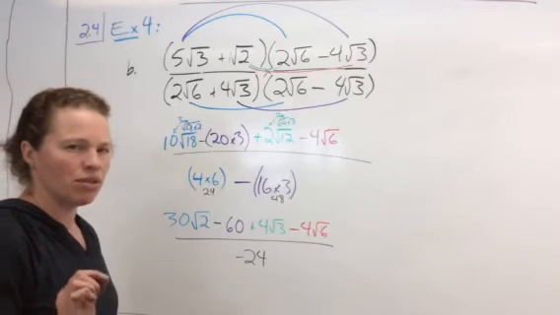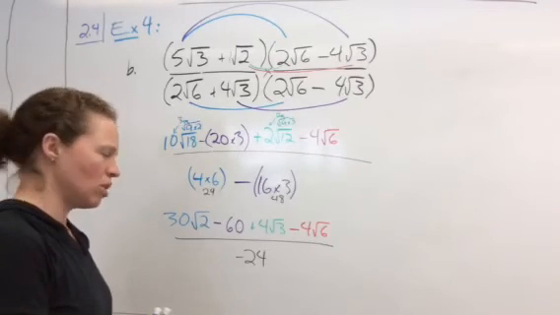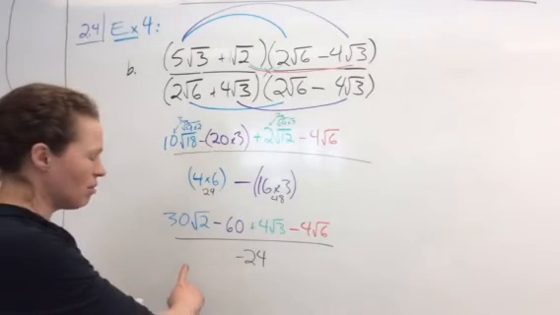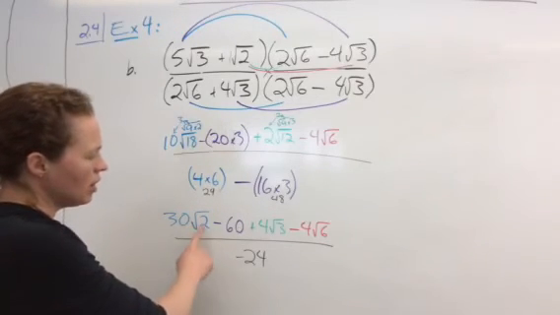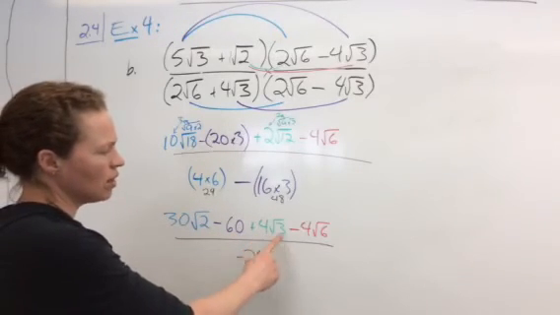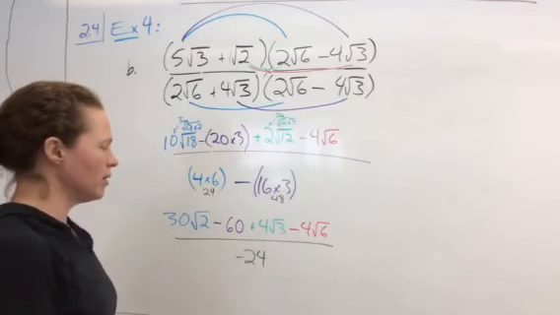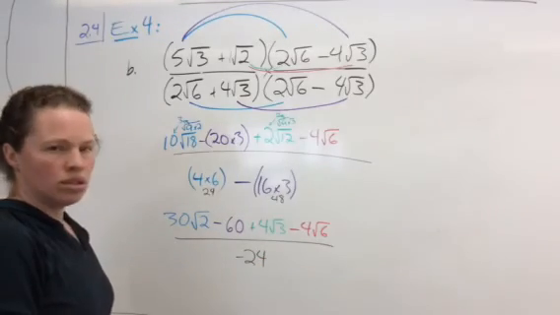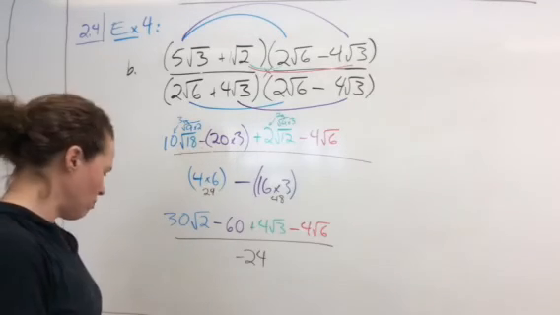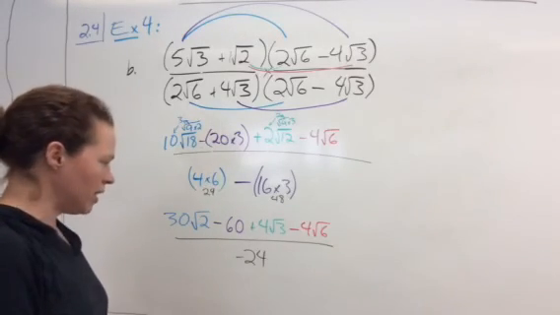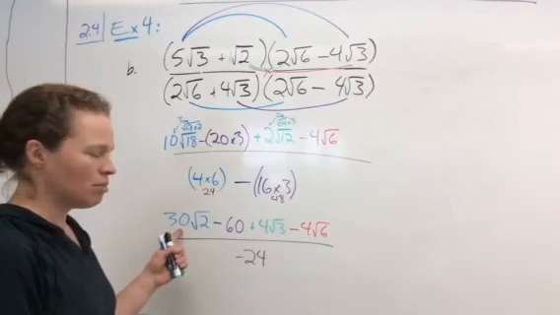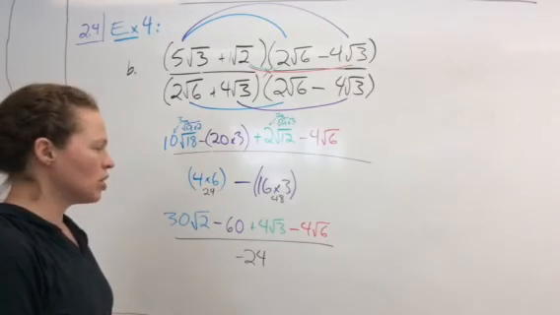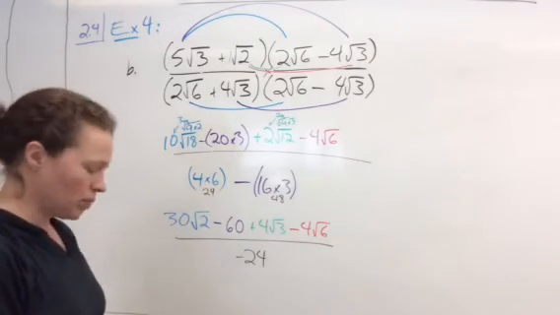Remember that it has to come out of every single coefficient, the big numbers outside the radical. So I've got 30, 60, 4, 4, and 24. You might be tempted to use 4, but that's not going to work because it doesn't come out of 30. So we're just going to have to settle with 2.